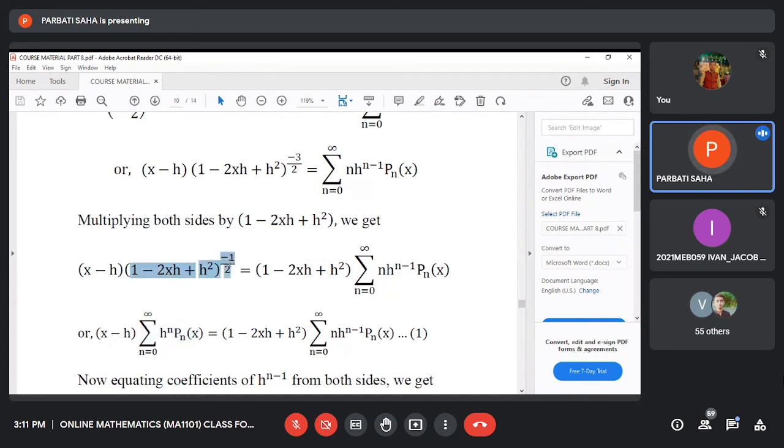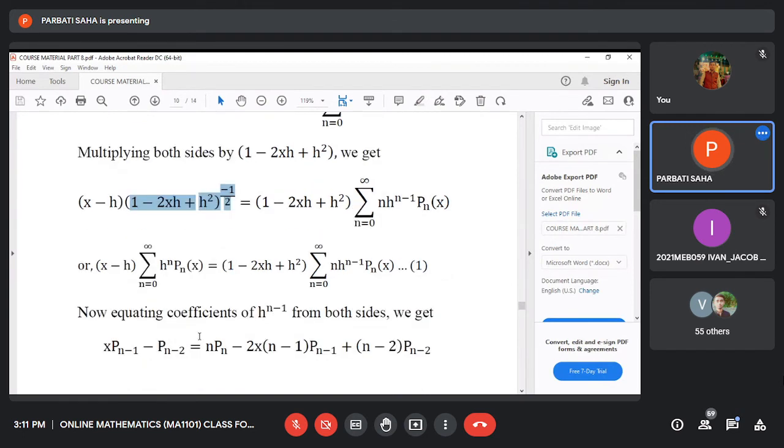Already it is discussed that this may be written as this summation h to the power n Pn(x). Now you just equate coefficients of h to the power n minus 1 from both sides. You have to equate the coefficients of h to the power n minus 1 from both sides.